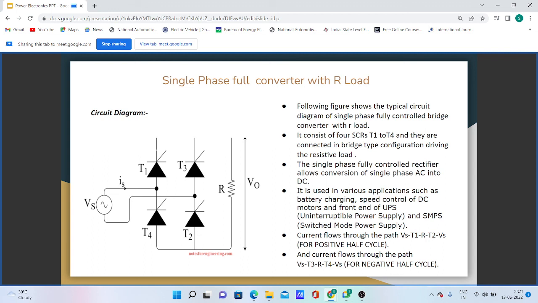This is for the positive half cycle, and for the negative half cycle, current flows from Vs to thyristor T3, then to the resistor, then to thyristor T4, and it will get back to the source. Next slide.